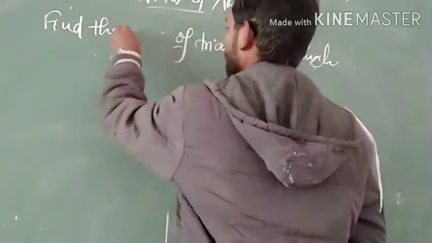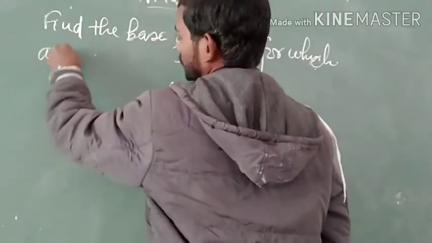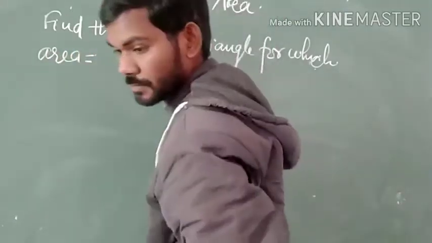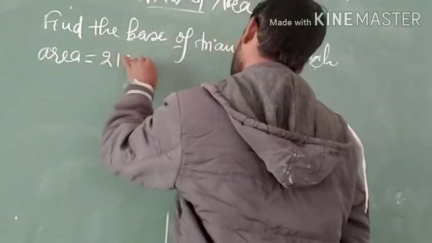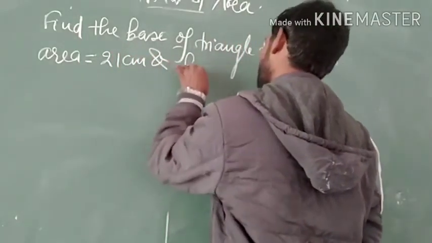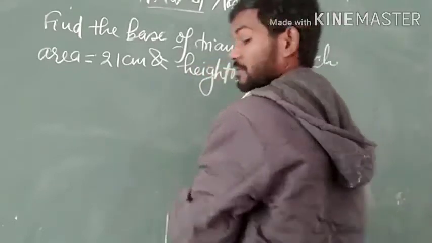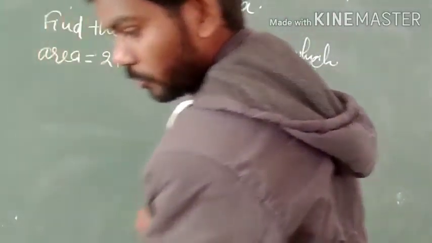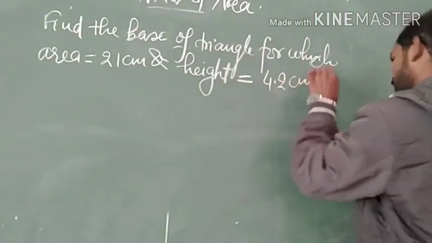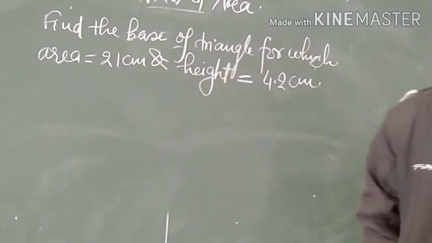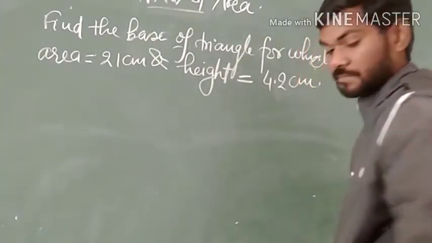Find the base for which area is 21 centimeter square and height is equal to 4.2 centimeters. Now let's see its solution.